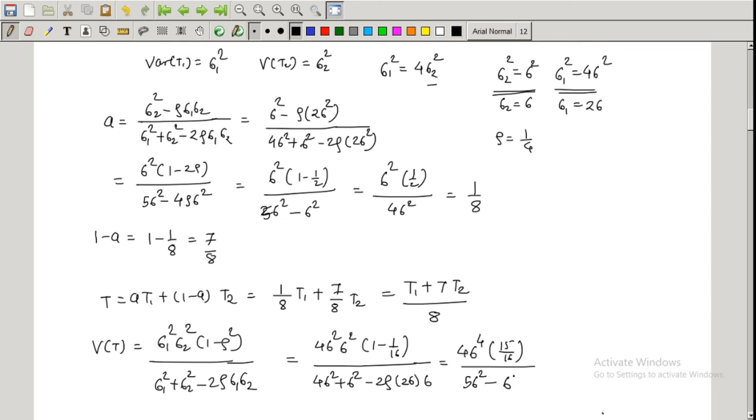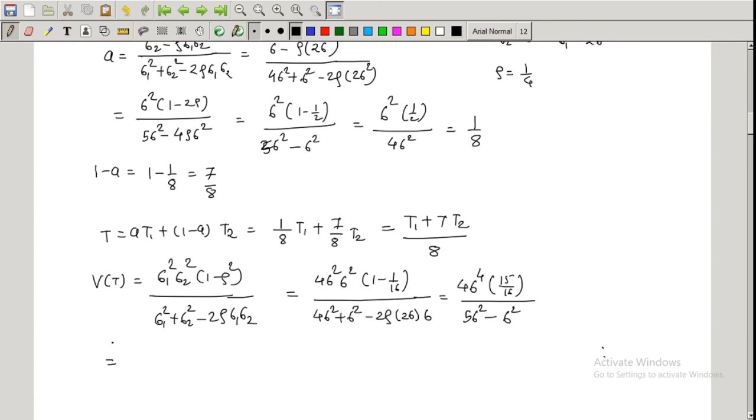Only sigma square, which is equal to 4 sigma raised to 4 as it is, 4 sigma raised to 4, 15 by 16 divided by 5 sigma square minus sigma square is 4 sigma square. This 4 gets cancelled, sigma square gets cancelled. What is remaining? 15 by 16 sigma square. So this is your variance of T.